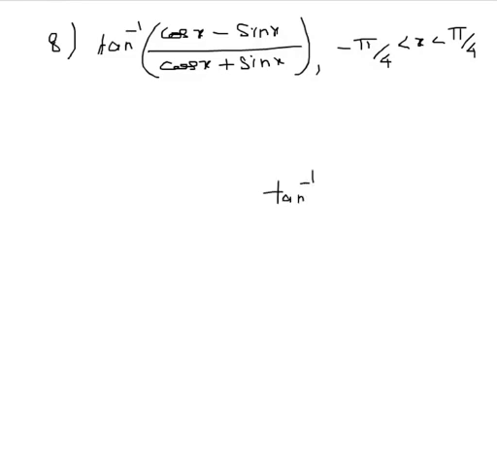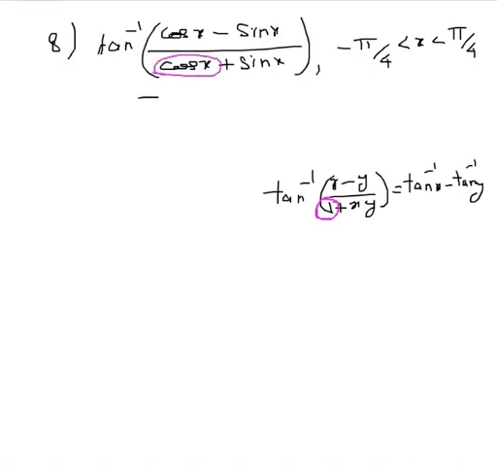Now tan inverse of (x minus y) by (1 plus xy). The formula is tan inverse of x minus tan inverse of y. To use this formula, I need 1 in this position. So let us get 1 here.